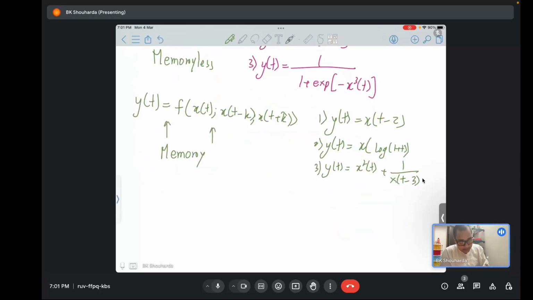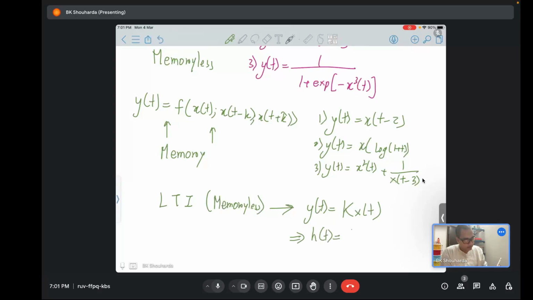And for an LTI system which is memoryless, it's possible only for y of t equal to k into x of t. Okay, there is no other LTI system which can be memoryless apart from this. So what is the corresponding impulse response?